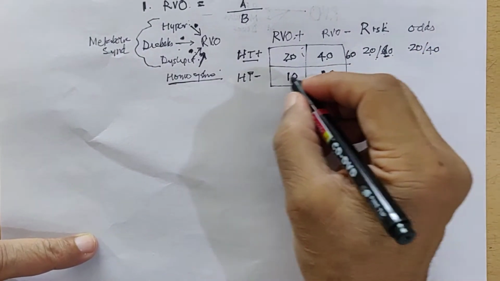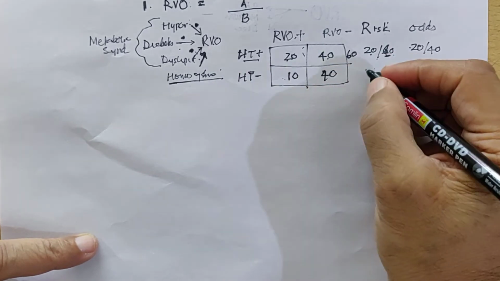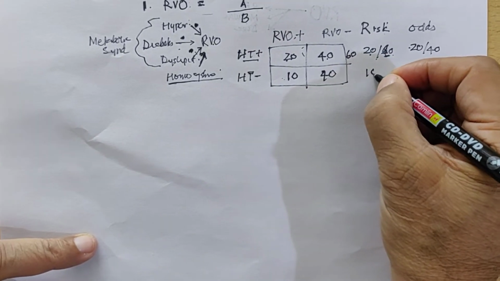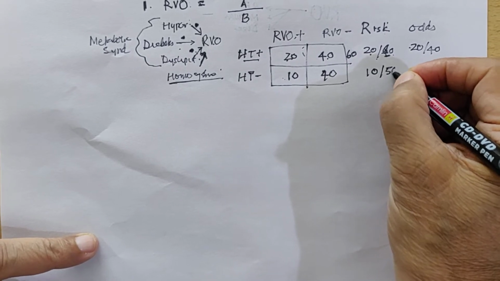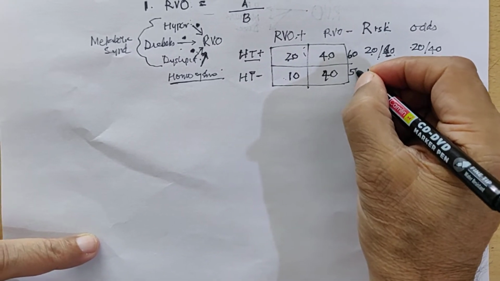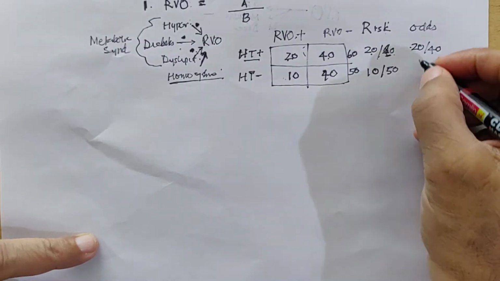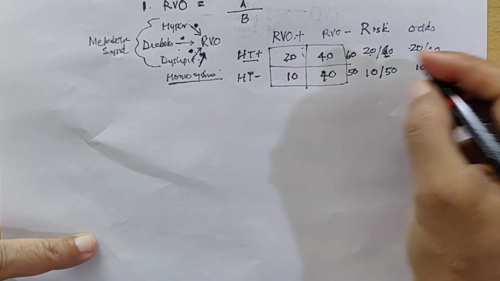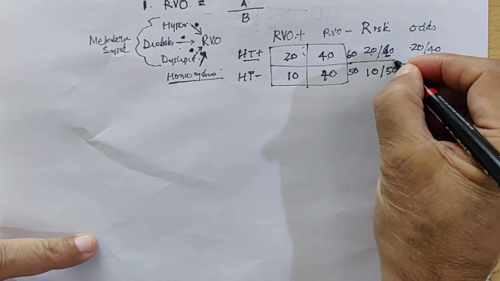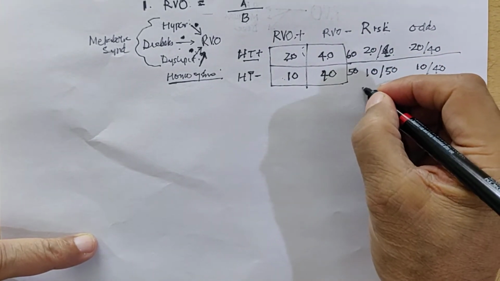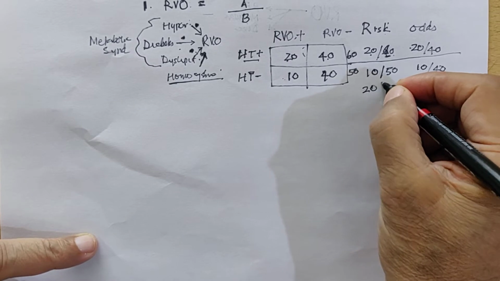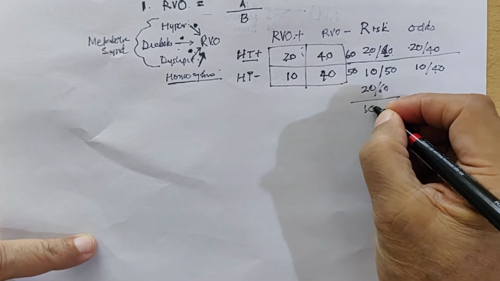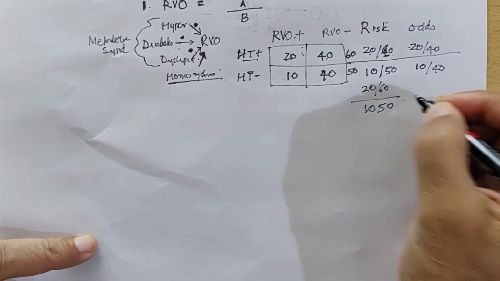Same way, the risk in hypertension negative patients was 10 upon 50, because 50 is the row total here, and the odds are 10 upon 40. And this becomes the risk ratio, 20 upon 60 divided by 10 upon 50.